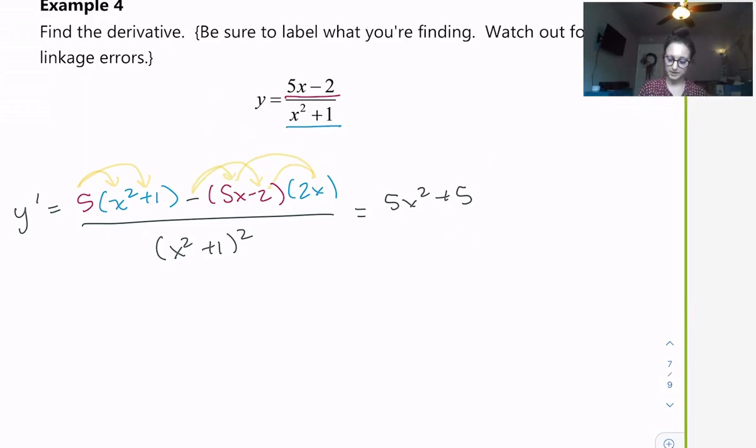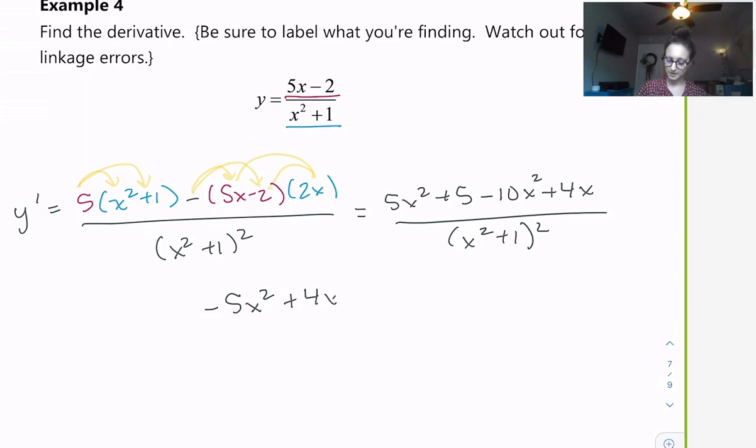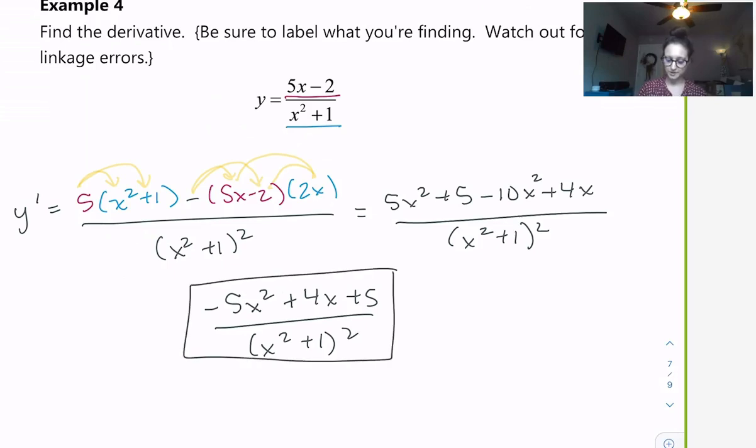Okay, so I would have negative 10x squared plus 4x. Okay. All right, so final answer, my numerator here when I combine like terms, I've got negative 5x squared plus 4x plus 5 all over (x squared plus 1) quantity squared.